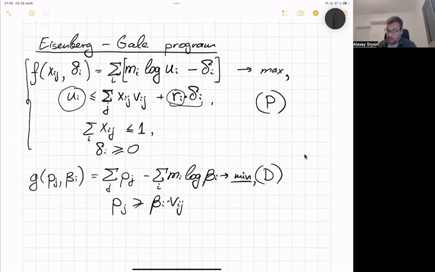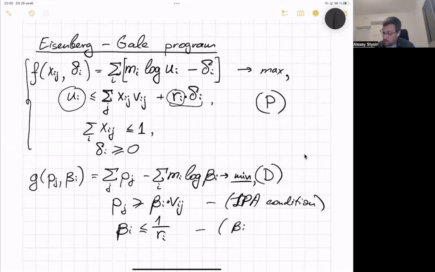Remember, this is the first price auction condition, that the price of the item j should be the largest bid, and this is the bid in our system. Then there is a constraint on the rho's, so we say that b_i should be no larger than 1 over rho_i. This is the interpretation that the b_i's are inverse rho's, and this is also known as bang per buck. Yeah, and that's it. This is the dual program.